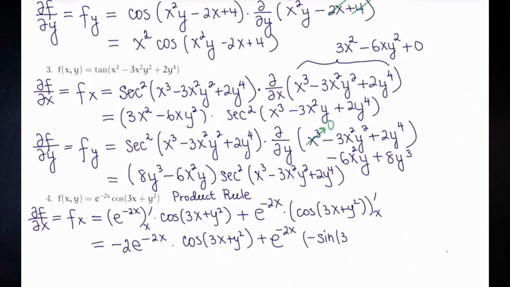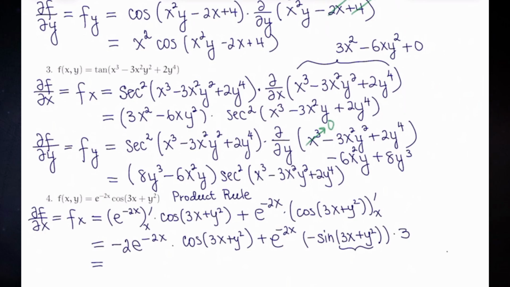We rewrite the argument times the derivative of the inside with respect to x, and that's 3. Recall that y squared is a constant, so the derivative of 3x plus y squared with respect to x is just 3.